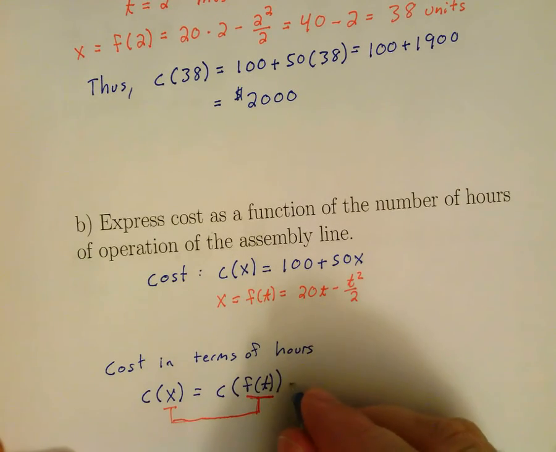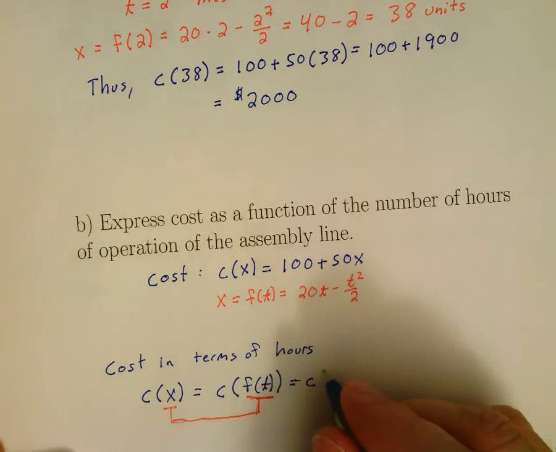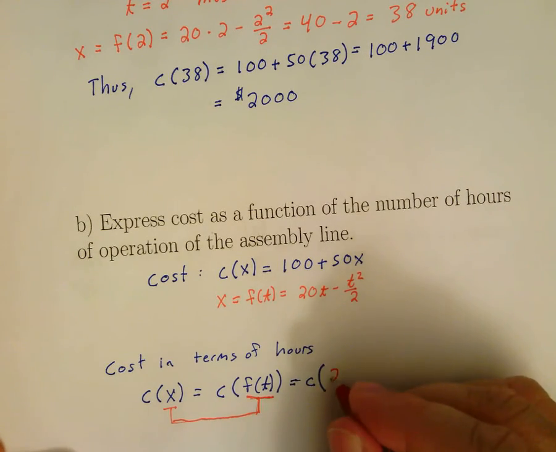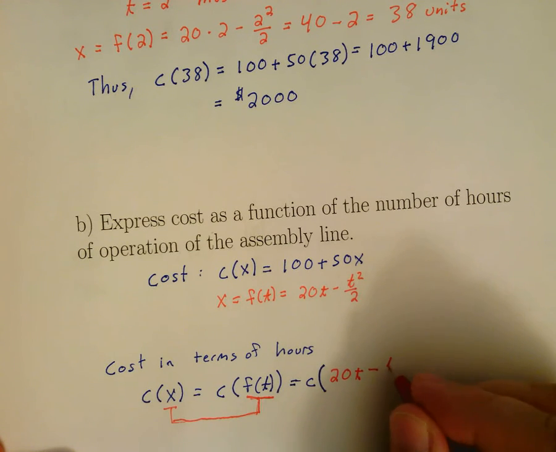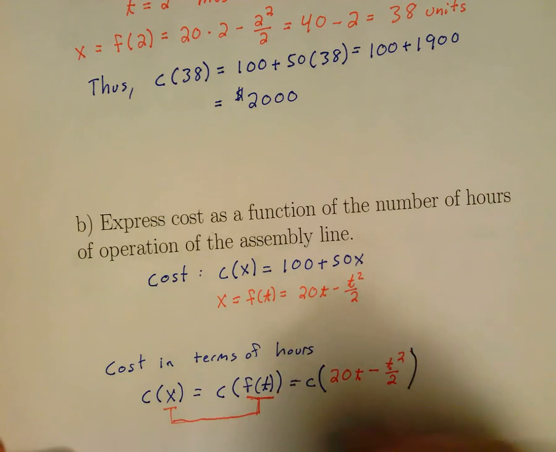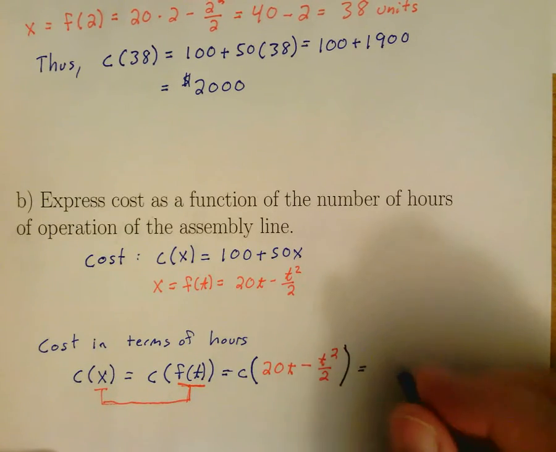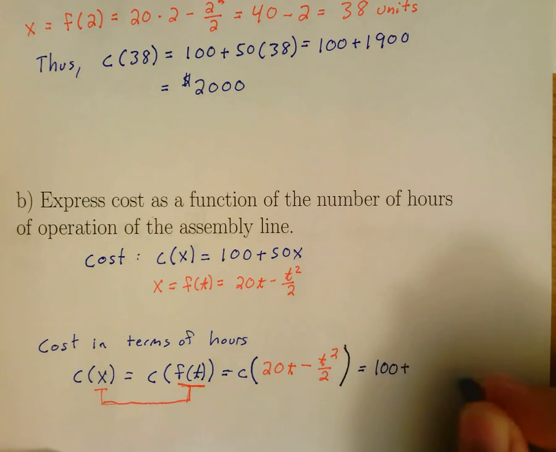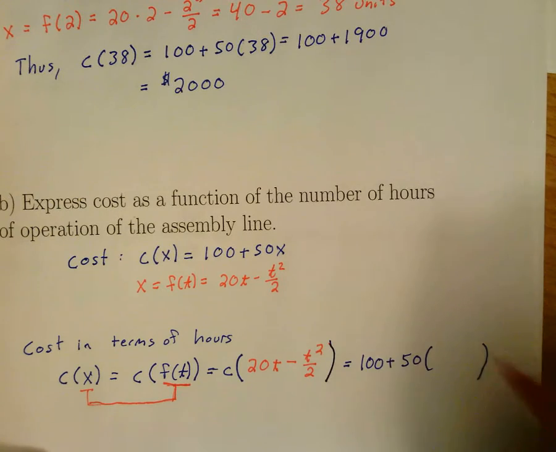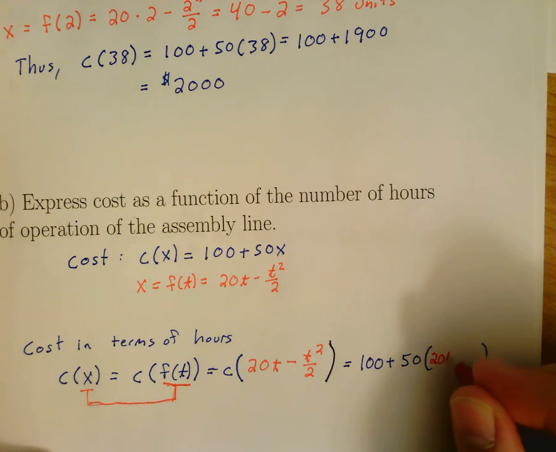So that's going to equal the cost in terms of f(t), where f(t) was 20t minus t squared divided by 2. And our cost function is going to be equal to 100 plus 50 times our inside function, which we said was 20t minus t squared over 2.